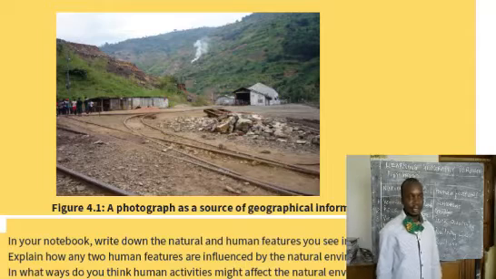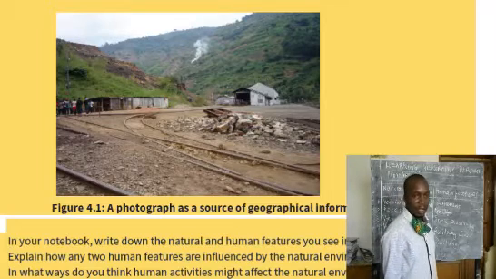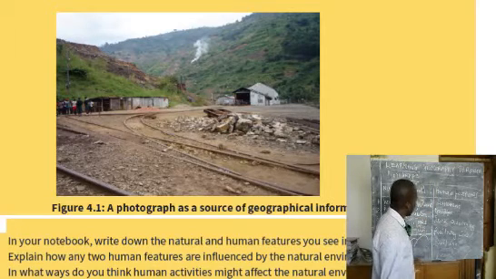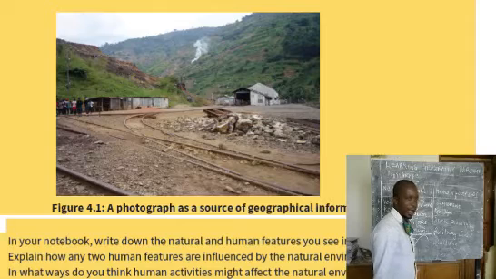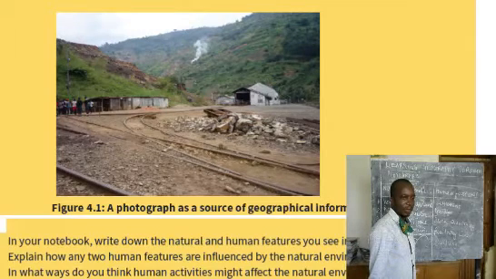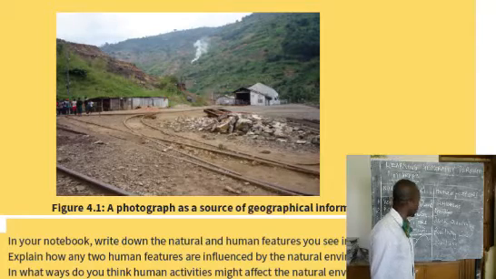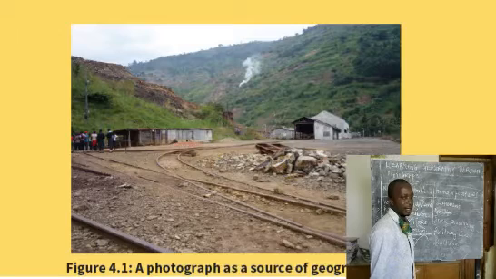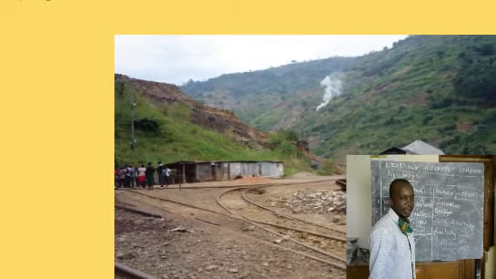The gardens are a little hidden, but they are on the gentle slopes. That mountainous or highland area on the right hand side of the photograph, part of that is indicating the gardens. Those are crops being grown there. Gardens.